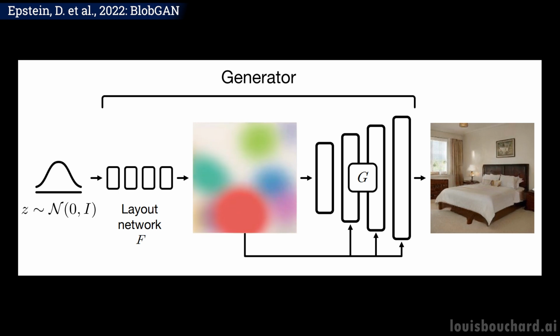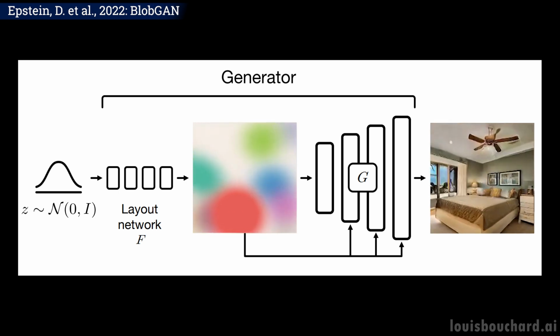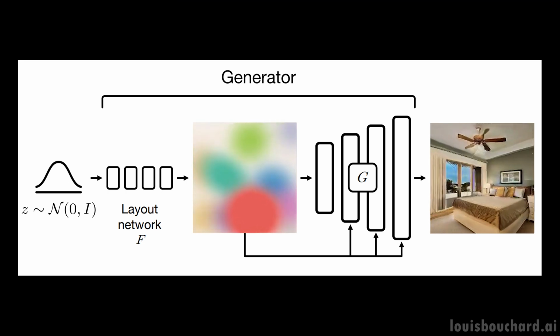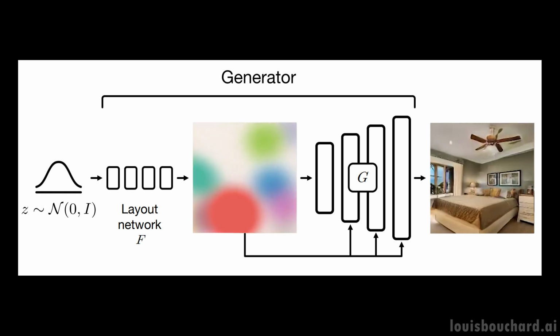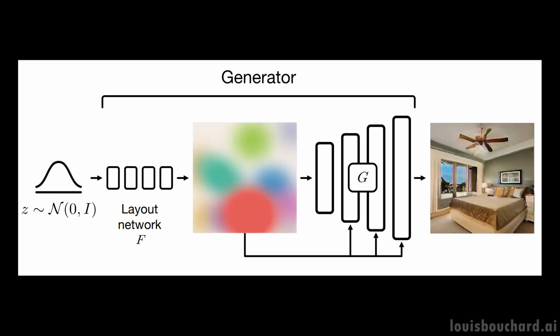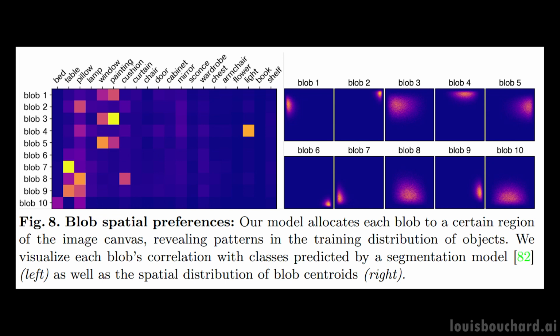How can we disentangle those blobs and make them match objects? Well, this is the beauty of our unsupervised approach. The model will iteratively improve and create realistic results while also learning how to represent these images in the form of a fixed number of blobs. You can see here how blobs are often used to represent the same objects or very similar objects in the scene.